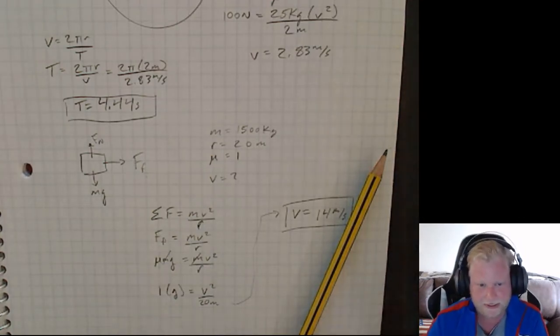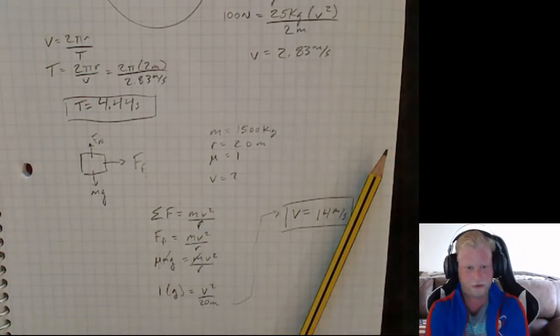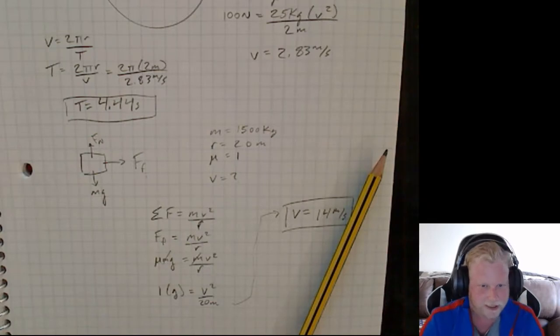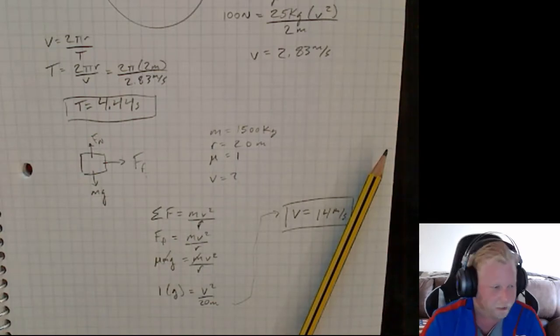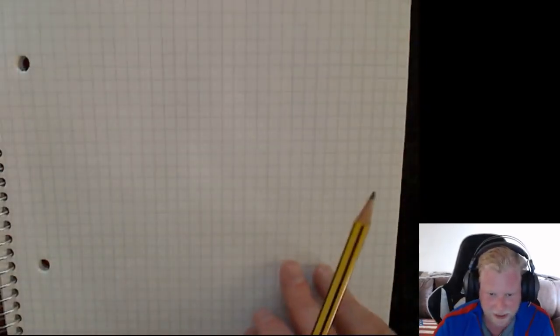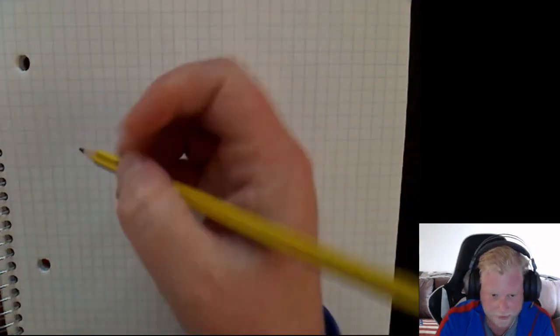In example 6.8, we've got a curve on a racetrack of radius 70 meters. It's banked at a 15-degree angle. We want to know at what speed a car could take this curve without any assistance from friction. They provided us with some helpful images.